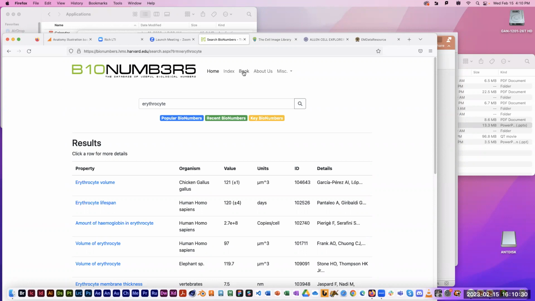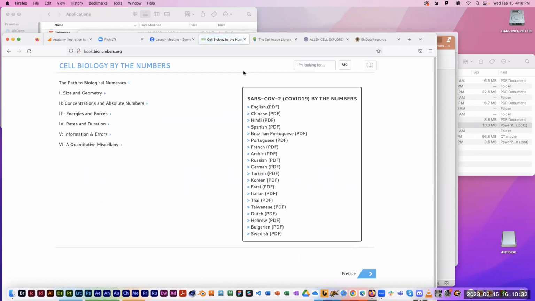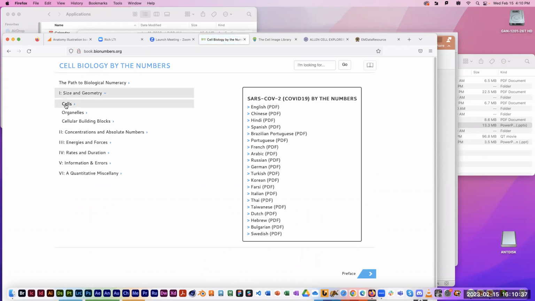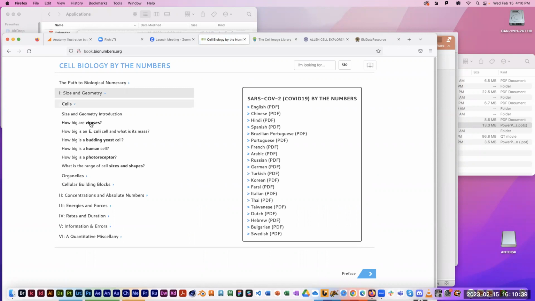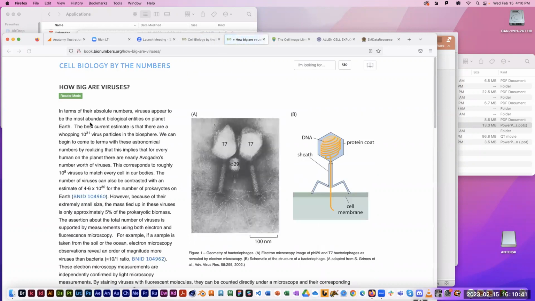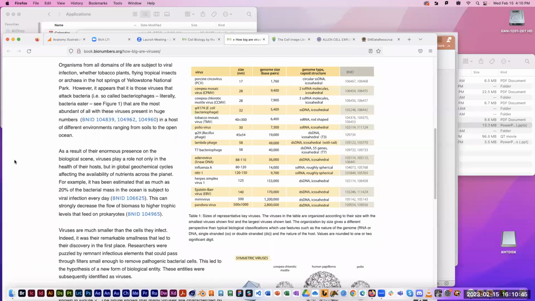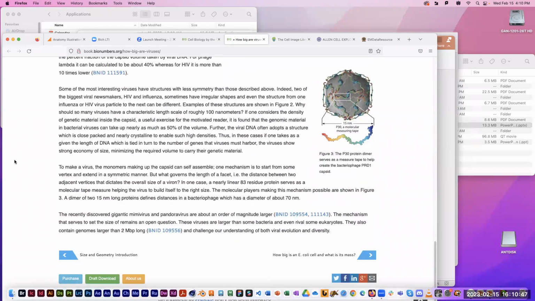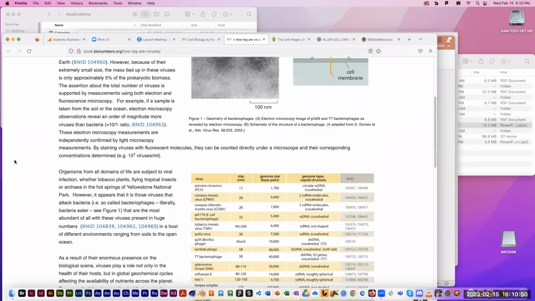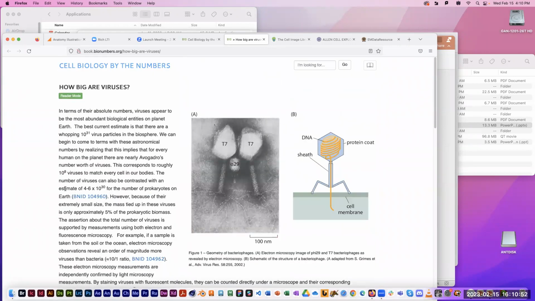They also have a book that you can get that has all these numbers in it. And there are links to how the book is laid out. So you can just read all this information, everything you'd ever want to know about viruses and their relative size and scale.